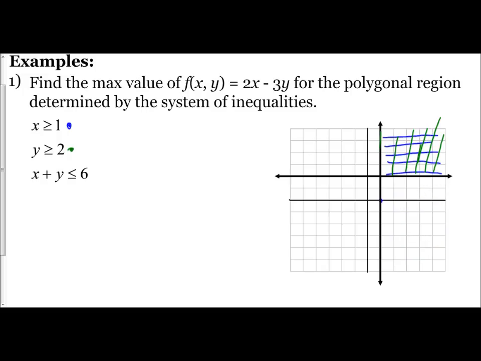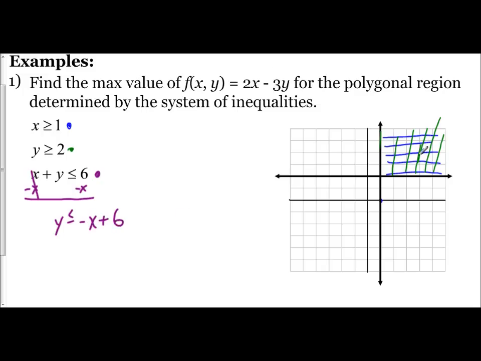Now I have to graph the last one, and we'll use purple for this. To graph this one, I'm going to put it in slope-intercept form. I'm going to subtract x from both sides, and that gives me y is less than or equal to negative x plus 6.